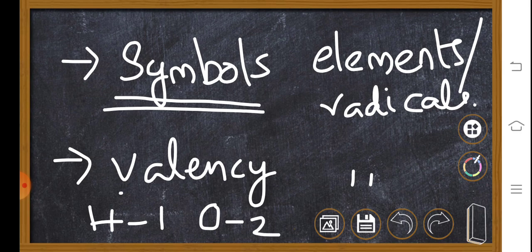So if we write a chemical formula, you must know the valency of the different elements. Now we are going to learn the steps of writing the chemical formula of a substance. First, write the symbols of all the constituents, whether element or radical.